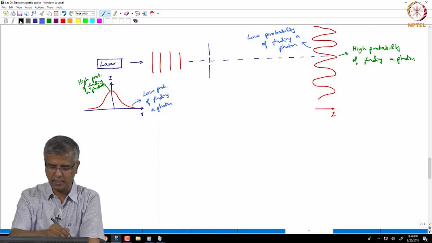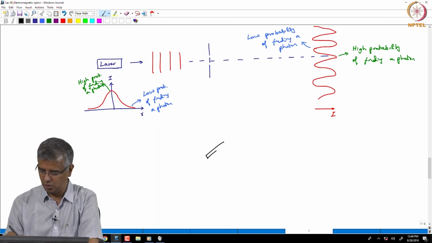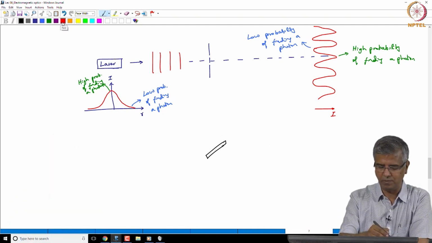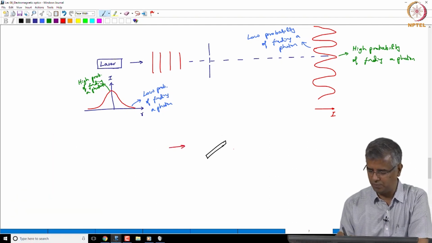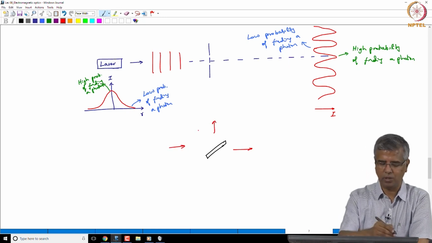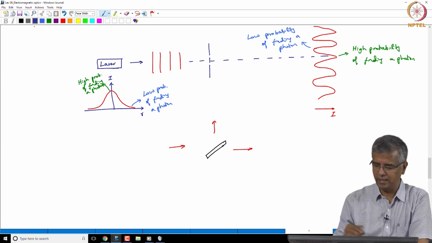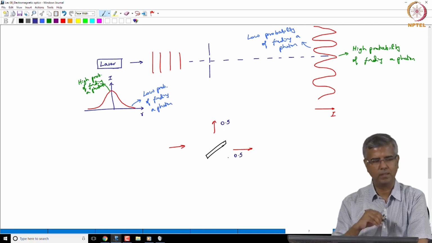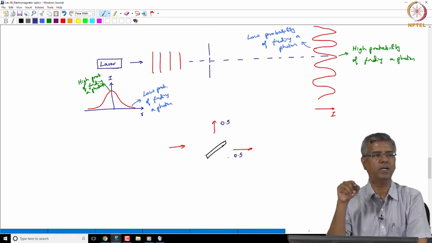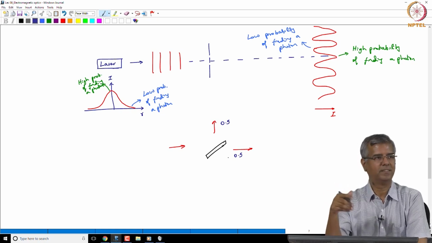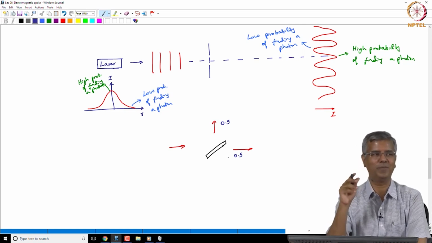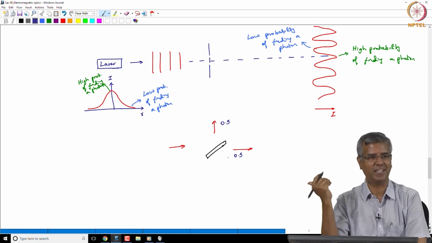So we will just go back and look at what you already experienced previously, which is a 50-50 beam splitter. 50% of the light goes here, 50% of the light goes here, and what we are saying, in terms of photon probabilities, is that if you have one photon, and we are not splitting a photon, by the way, it has 50% probability of going one way and 50% the other way.